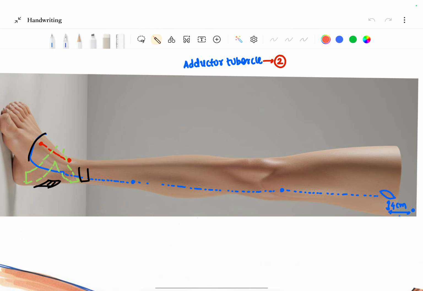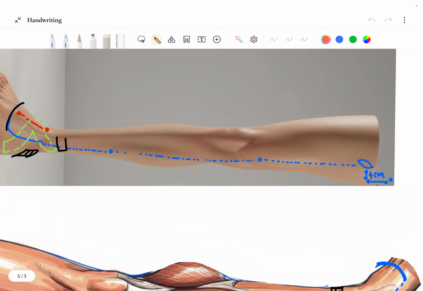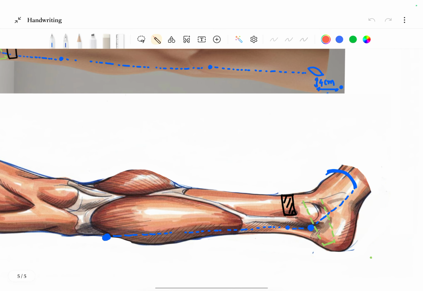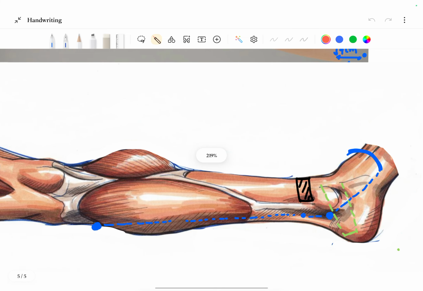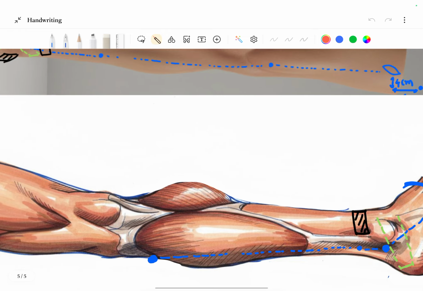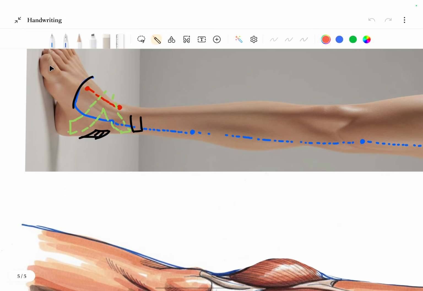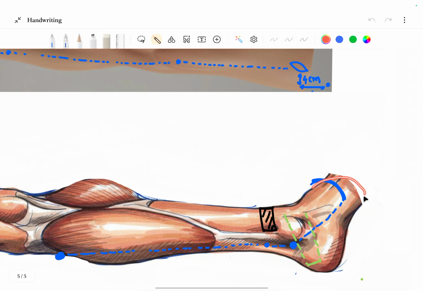Now let us see the small saphenous vein. Here the photo is one I generated myself. This is the lateral side of the leg, this is your medial side, and this is your lateral side.